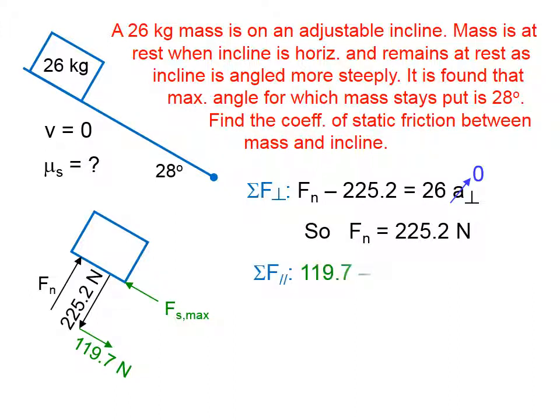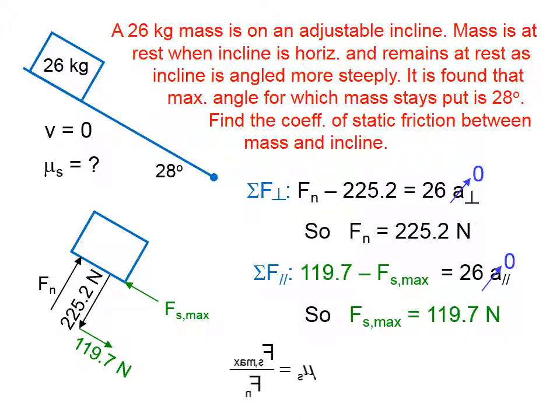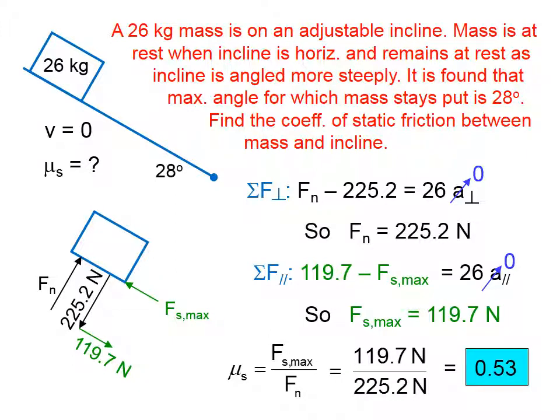If we sum the forces in parallel direction, if I choose down the plane to be positive, we get 119.7 minus the maximum static friction force, and the sum of those forces by Newton's second law should equal the mass of the object times the acceleration parallel to the surface, which is 0. So the maximum static friction force is 119.7. And the coefficient of static friction, by definition, is a ratio of the maximum static friction force divided by the normal force, 0.53.